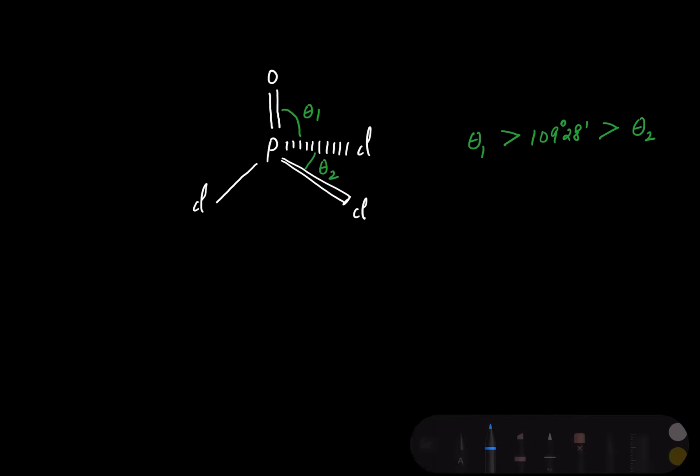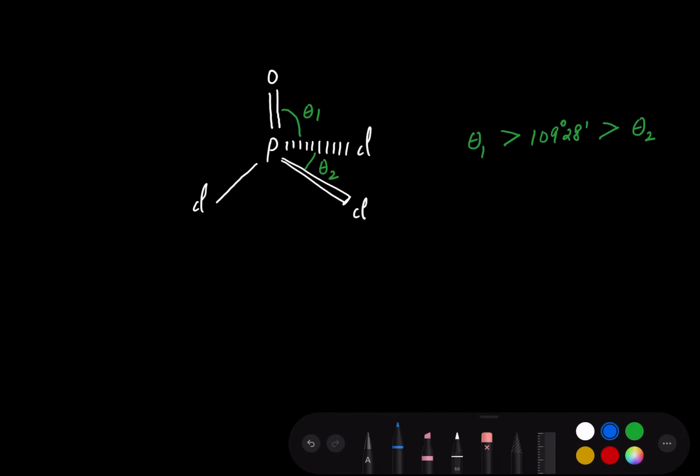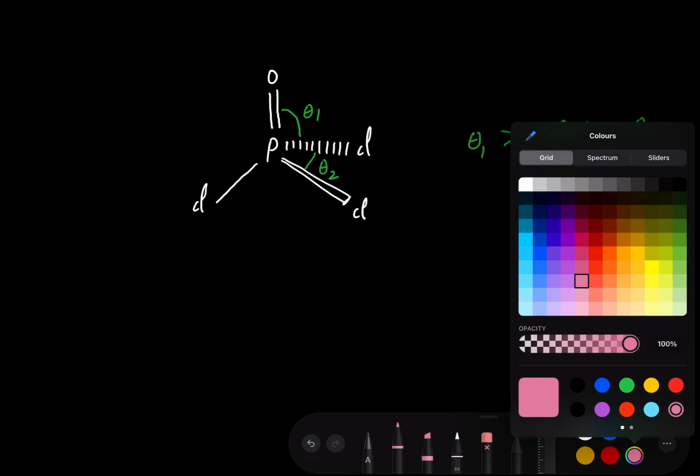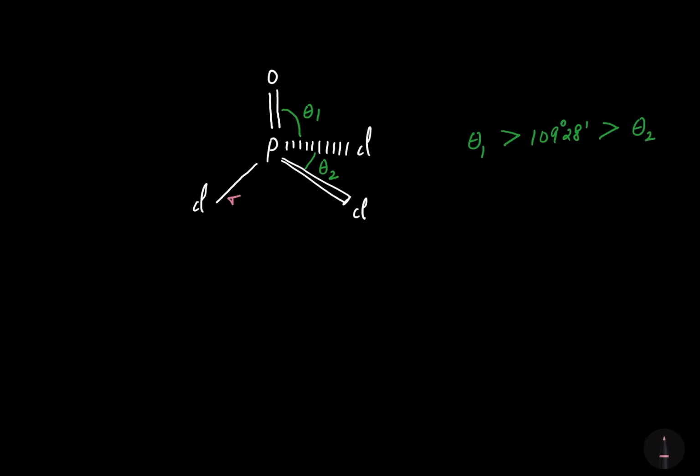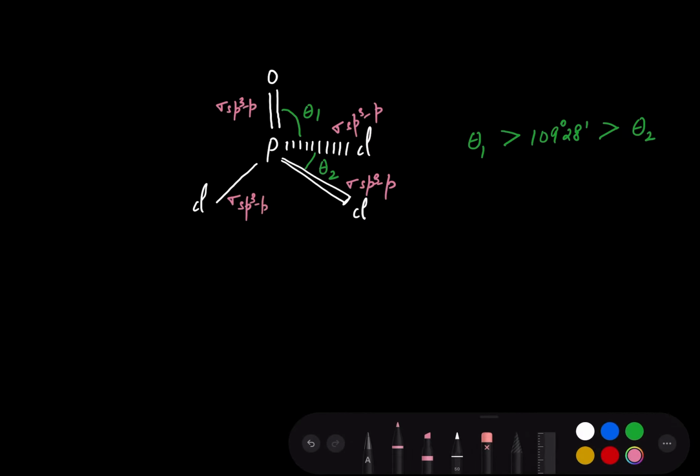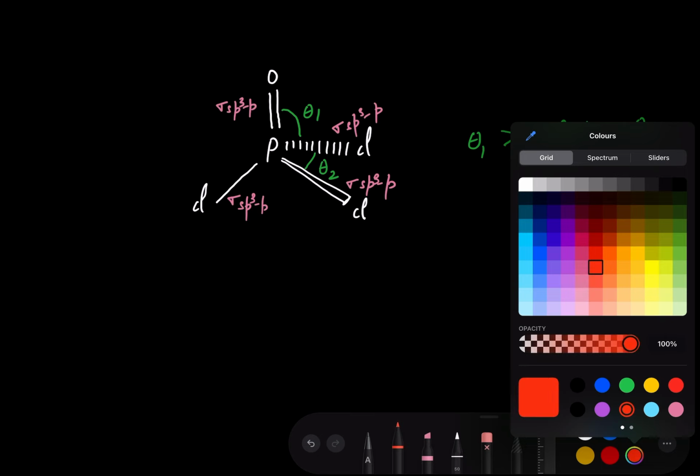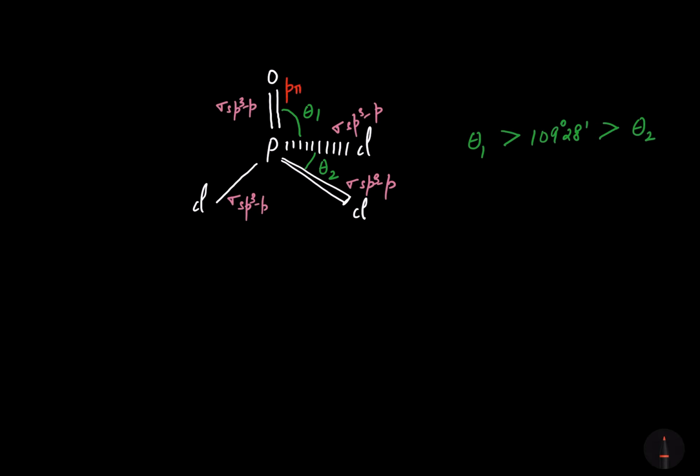Let me mark the bonds in the main structure. We got the 4 sigma bonds. The bonds are sigma sp3-p, sigma sp3-p, here also sigma sp3-p, this is also sigma sp3-p, and we got 1 pi bond, which is a p pi d pi bond.